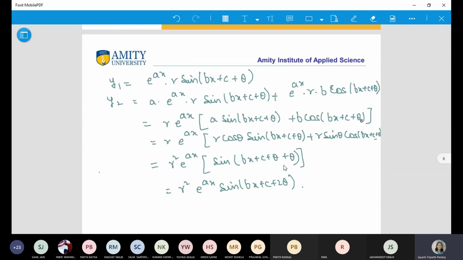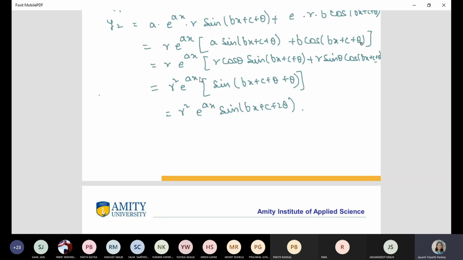Now I'm writing it for n. See carefully. So as you keep on differentiating, one more r and one more theta is being added.